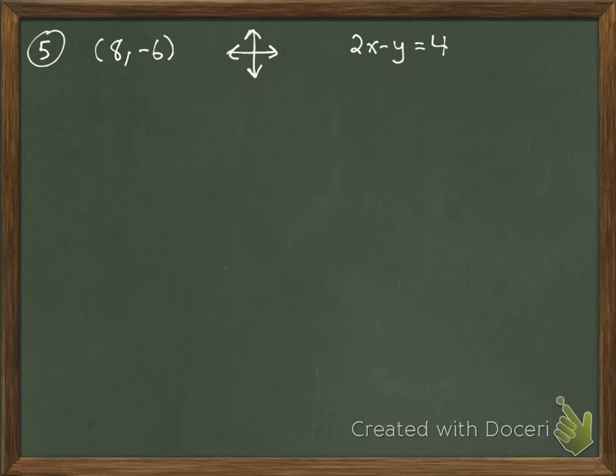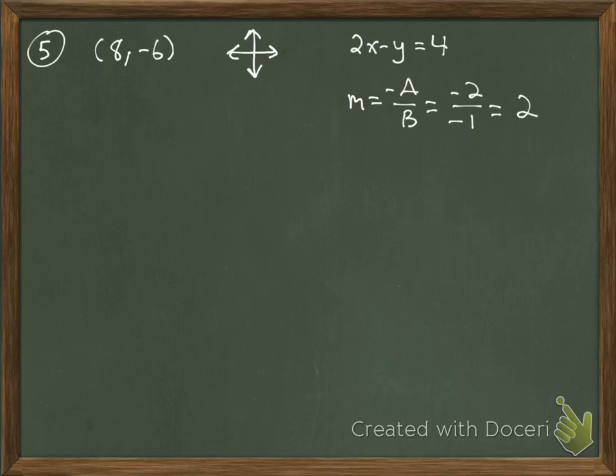So, I'm going to take the line that's given, 2x minus y equals 4. I'm going to find the slope. There are 2 different ways that you can do that, right? You can put that line in slope-intercept form. Or what I would do, because it's super fast, is just do m equals -a over b, which would be -2 over -1, which would be a slope of 2.